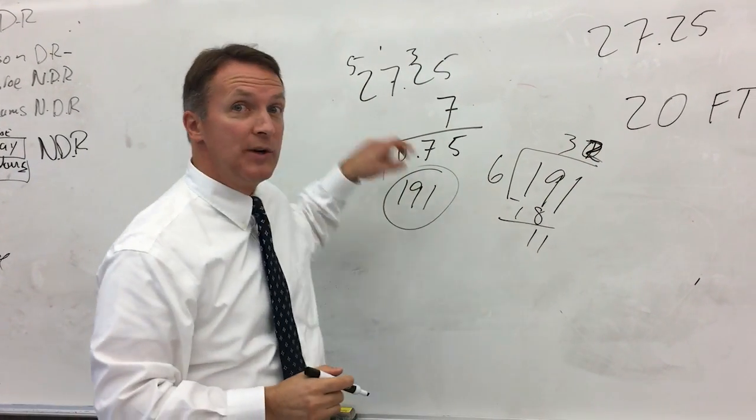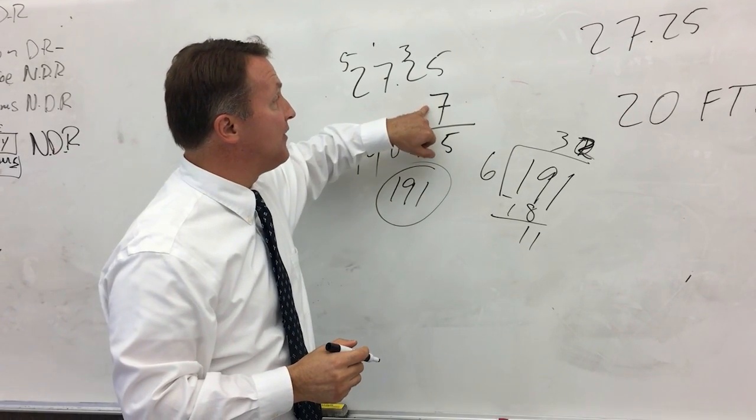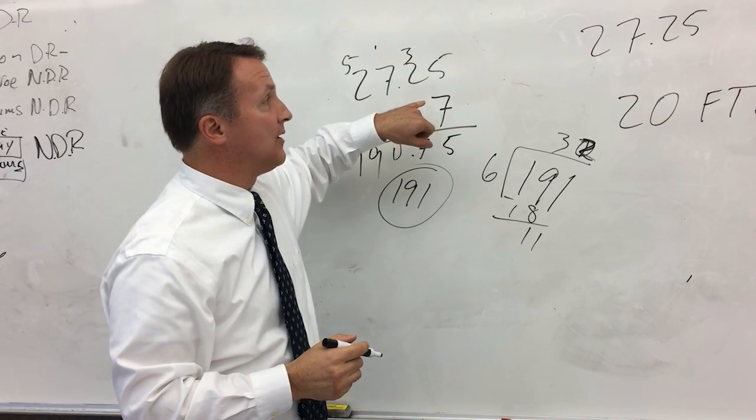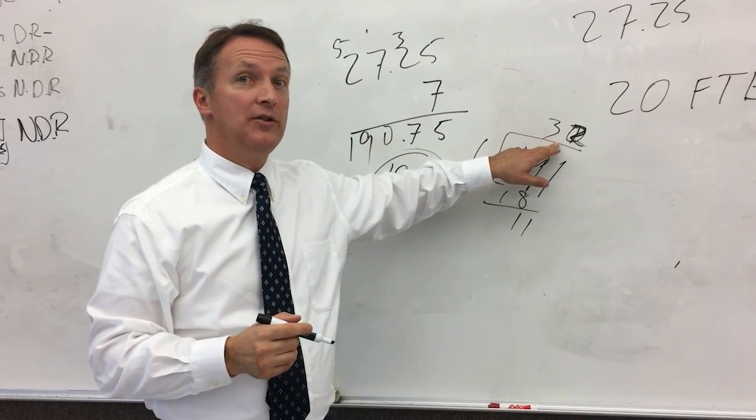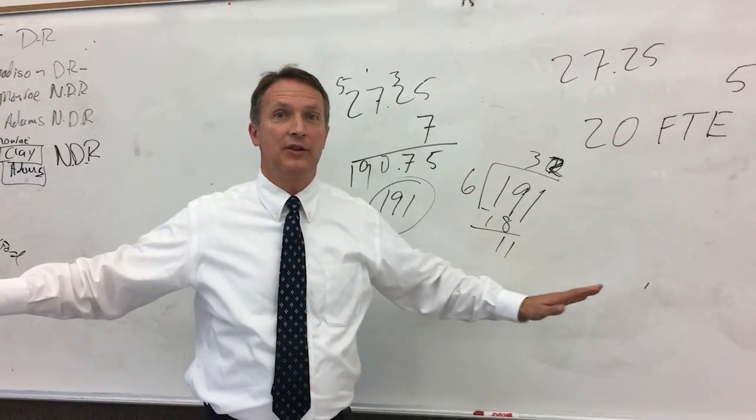If your staffing ratio is 27.25 and you've got a 7-period day and a consultation, you're going to have 31 to 32 kids in your class as the average across the school.